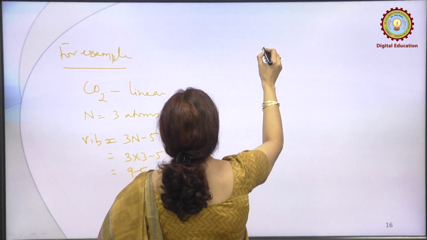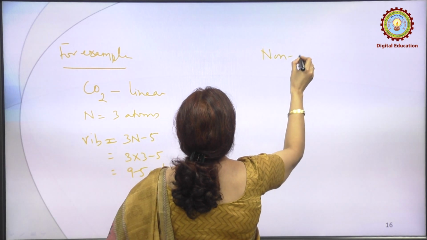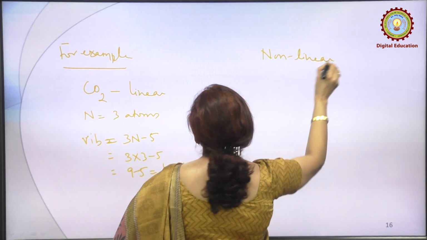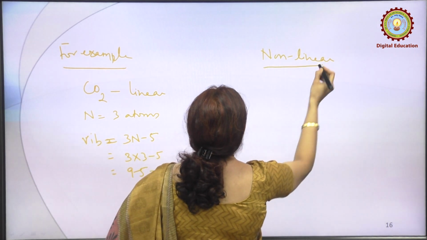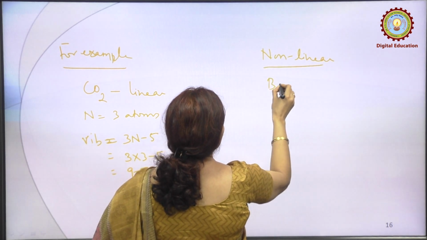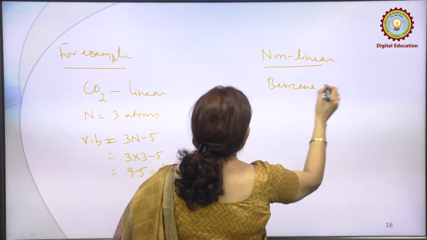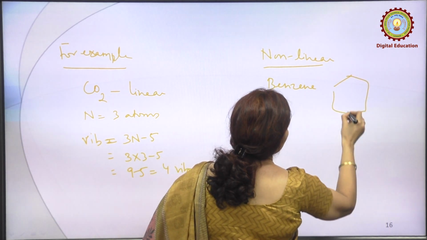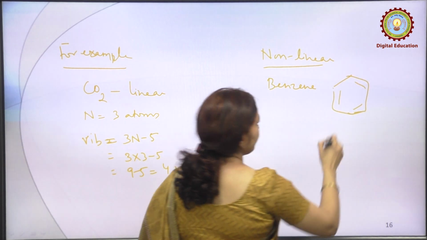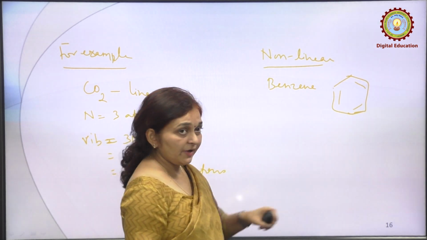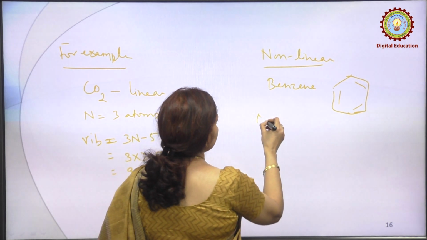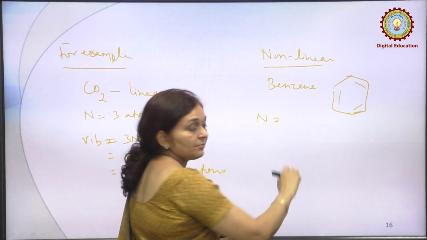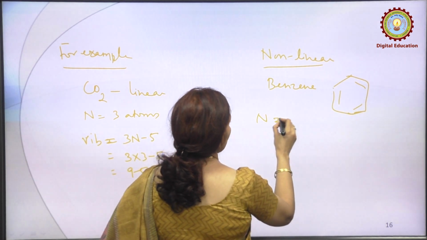Taking another example of non-linear molecules, benzene is non-linear, and the total number of atoms in benzene is 12.